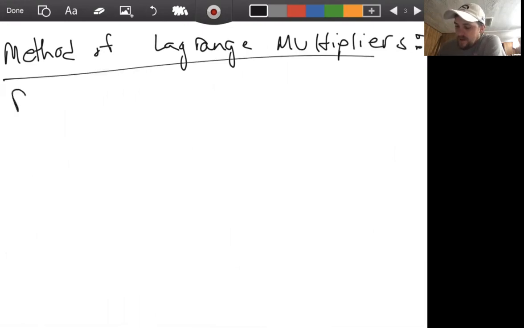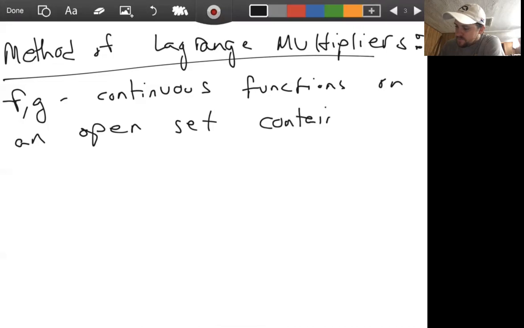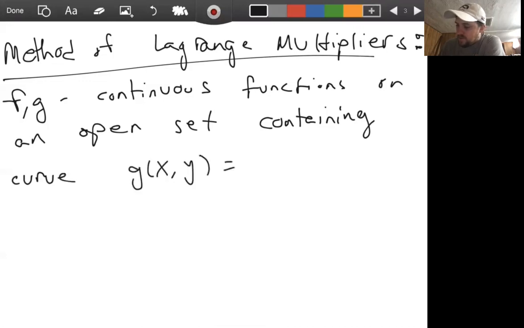So let f and g be continuous functions on an open set containing the curve g of x, y equals 0.